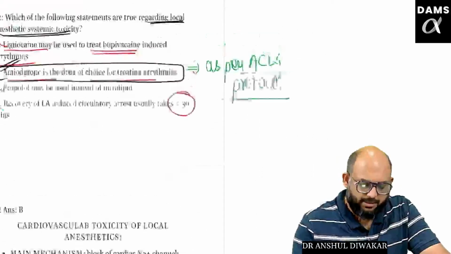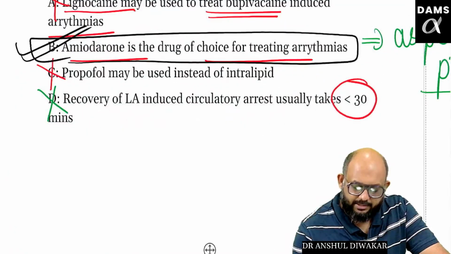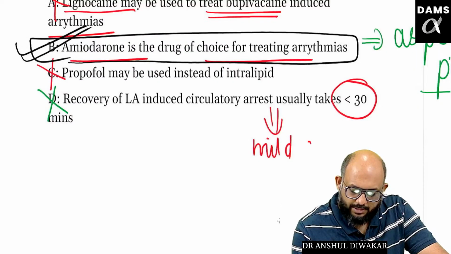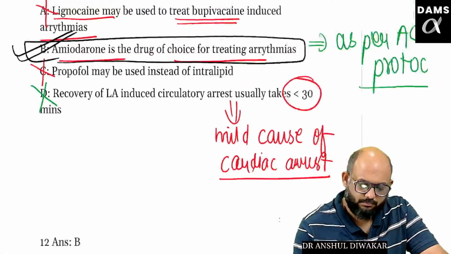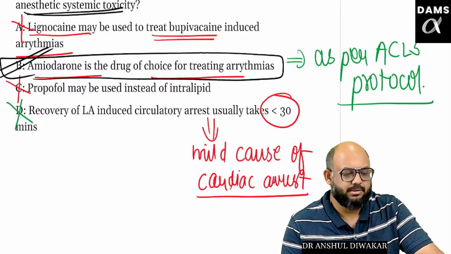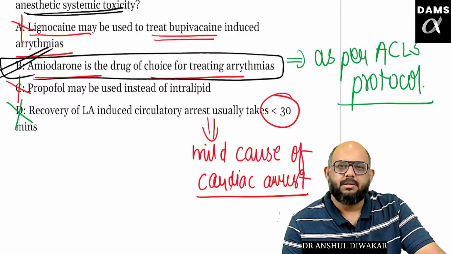Circulatory arrest getting relieved in less than 30 minutes indicates that it's a mild form of cardiac arrest, while CVS toxicity is very grave.